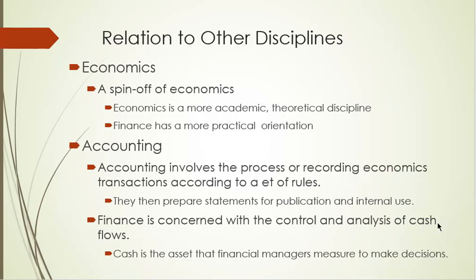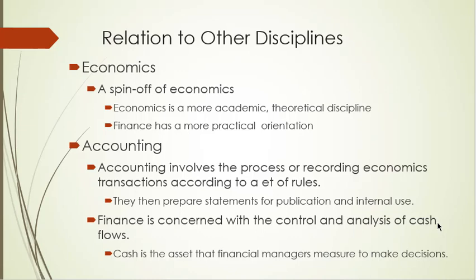Accounting, on the other hand, is a little bit different, right? Accounting involves the process of recording economic transactions according to some set of rules, if you will. They then prepare statements for publication and obviously internal use. Now, finance is concerned with the control and analysis of cash flow.